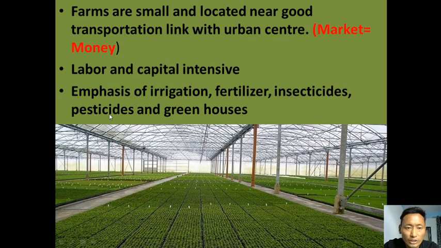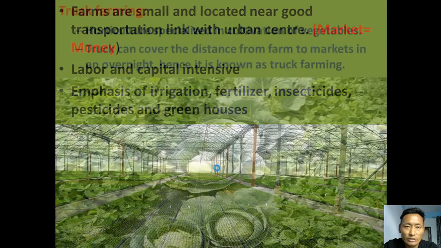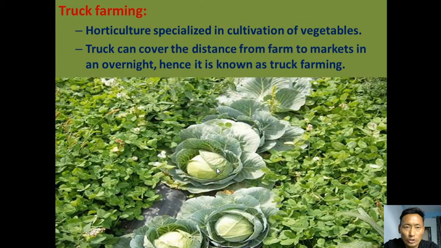They are also using greenhouses, this type of transparent structure, in order to control the climatic conditions and to grow the crop in a more efficient way. So these are some of the characteristics of horticulture or market gardening.